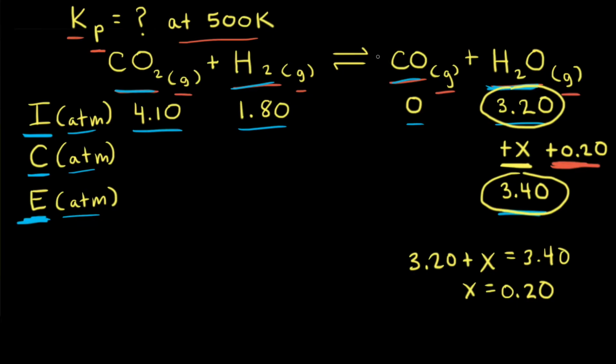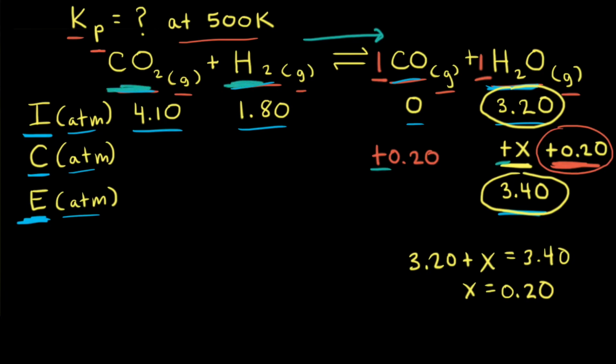For example, the mole ratio of carbon monoxide to H2O is 1 to 1. So if we gained plus 0.20 for H2O, we're also going to gain plus 0.20 for carbon monoxide. If we're gaining for our two products, the net reaction is moving to the right to increase the amount of products, which means we're losing reactants.